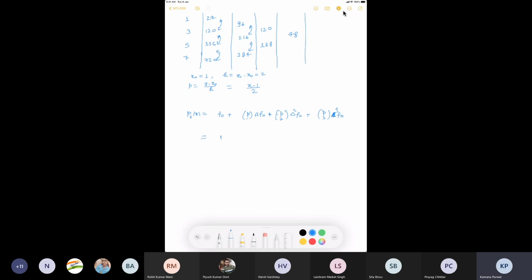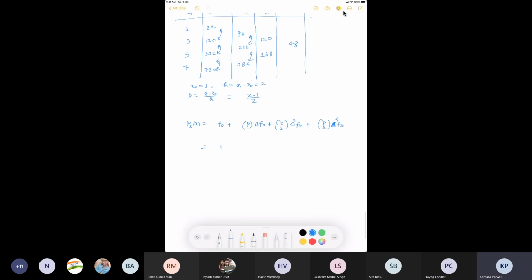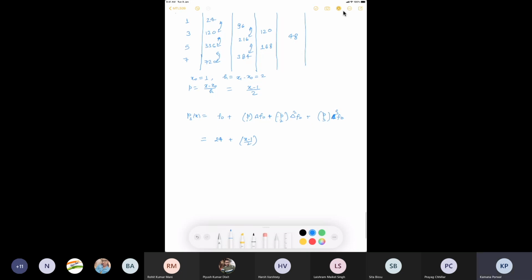So what we get is f0 is 24 plus, P is (x minus 1) divided by 2 and delta f0 is 96. Then the next term has P times (P minus 1), so let's simplify this. We will get (x minus 1) divided by 2 and (x minus 1) divided by 2 minus 1, and 1 divided by factorial 2, and delta square of f0 is 120.